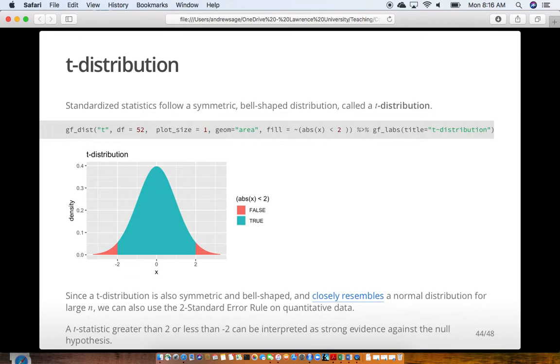As our sample size gets larger, the t-distribution begins to behave even more and more like a normal distribution. If we calculate a standardized t-statistic more extreme than 2 or negative 2, we can interpret that as strong evidence against the null hypothesis.